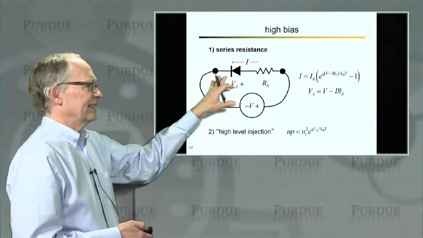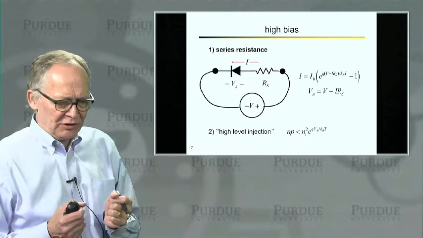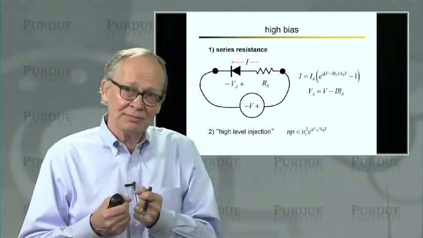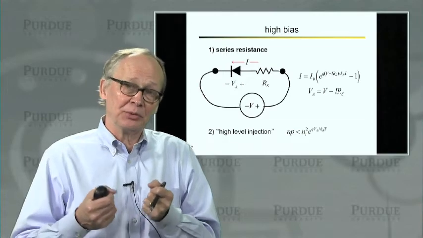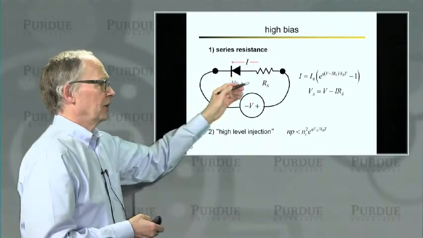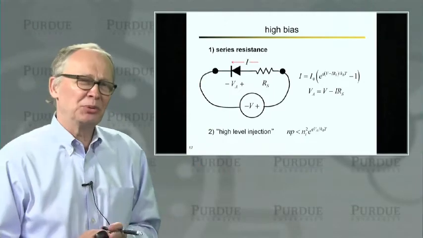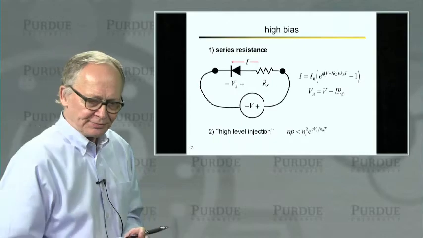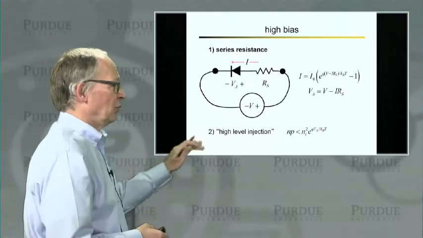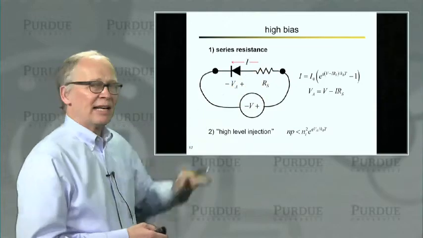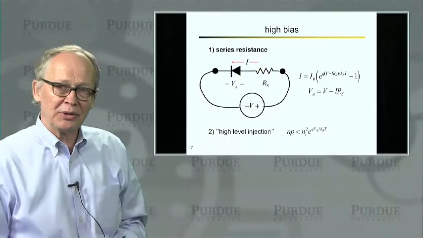So the idea is that if I put metal contacts to contact my diode, I'm going to have some resistance between the metal and the semiconductor. These big black dots here are the terminals of the diode, but there's really some resistance in series with it. That's R sub S. That means when I apply a voltage V and forward bias this diode, some current will flow and I'll have a voltage drop across that resistor.